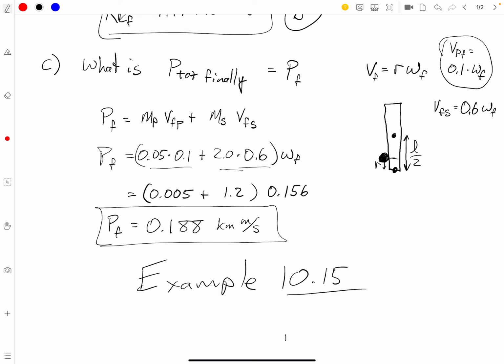Oh, I'm sorry, yes. The moment of inertia figure is 10.12. That's where all the moment of inertias are.